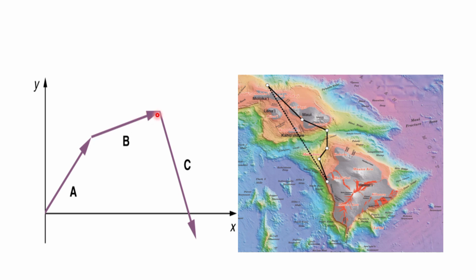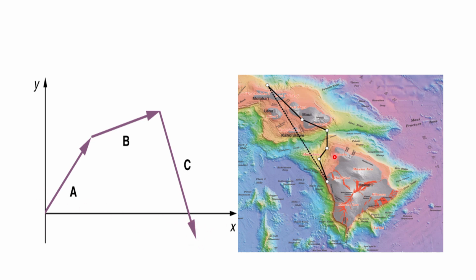And we have the C vector, which is larger in magnitude and also different in direction. In this way we add as many vectors as we have. But how will we find the resultant? The tail of the first vector to the head of the last vector will be the resultant.